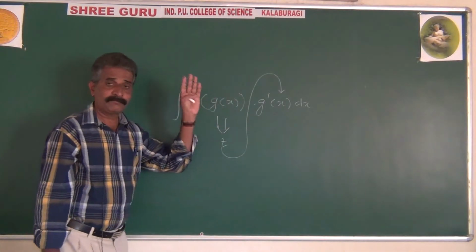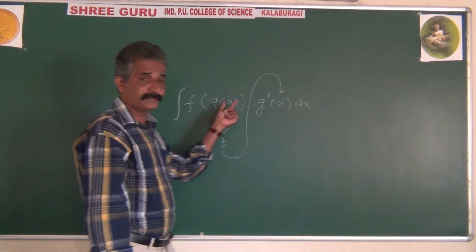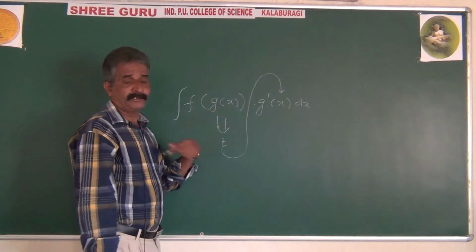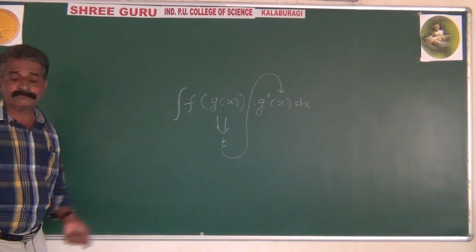Sometimes g dash of x may not occur directly, but by putting proper effort we can bring g of x and g dash of x, then put g of x equal to t, convert the whole in terms of t, integrate, and replace back the value of t.